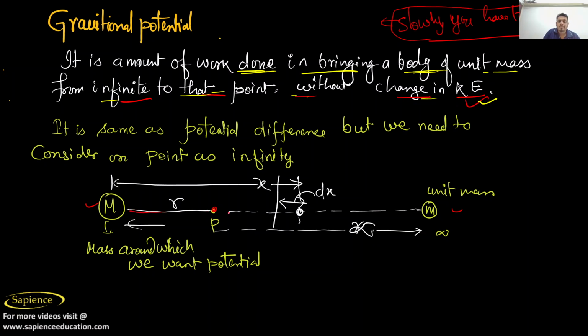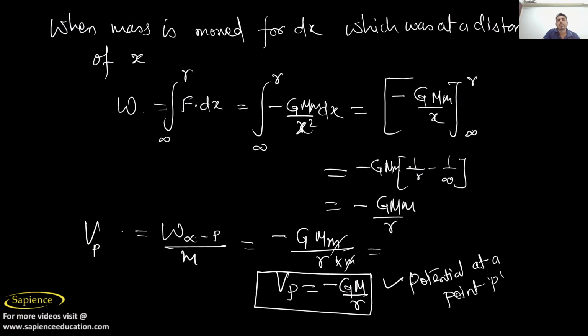Now we know the integration method. Let us consider any point which is at a distance of x. When we move this mass for a small displacement dx, we have to do work.